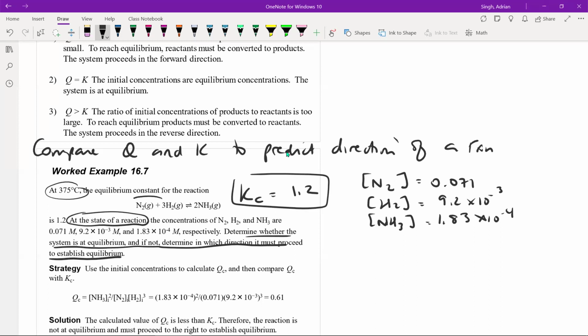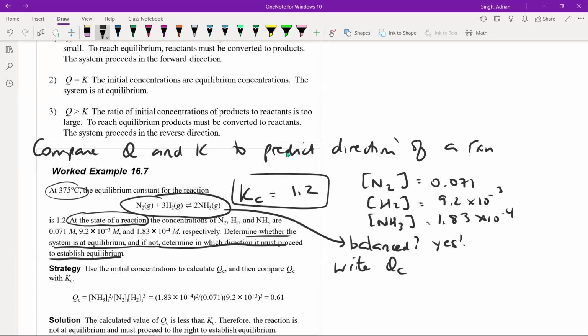So the first thing we can do is double check that your equation is balanced. A quick check shows that yes, it is balanced. Then we can write the Qc expression, the reaction quotient expression, using the balanced equation.